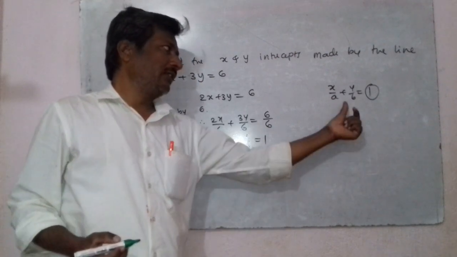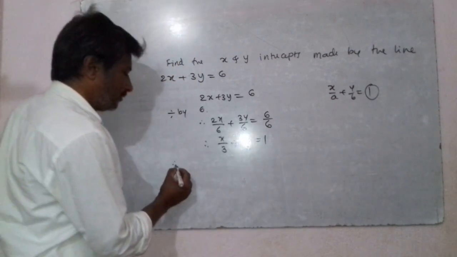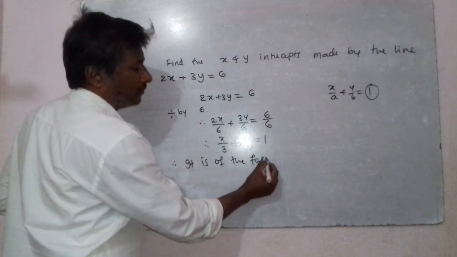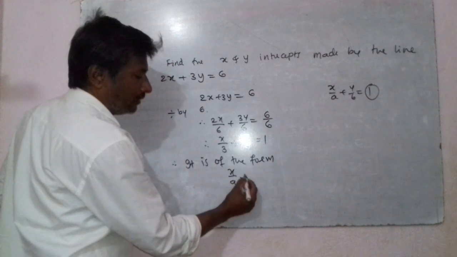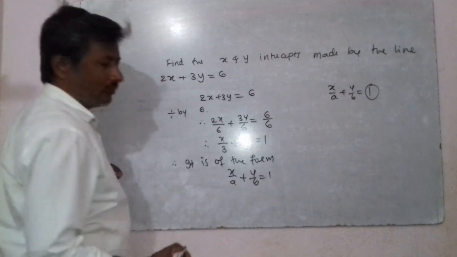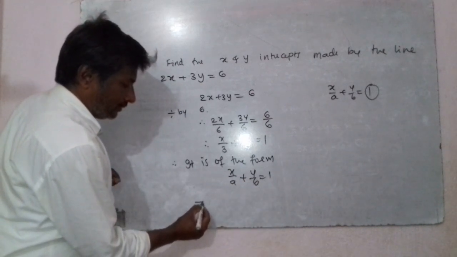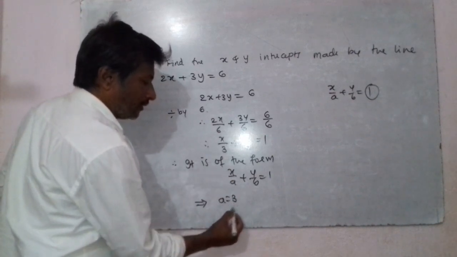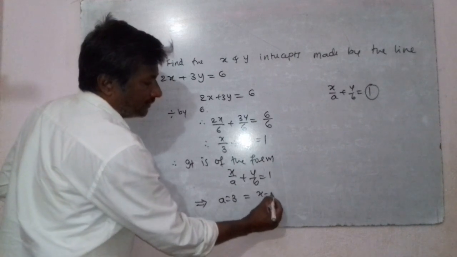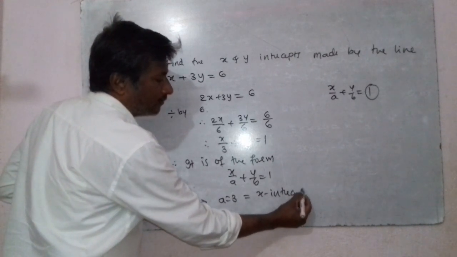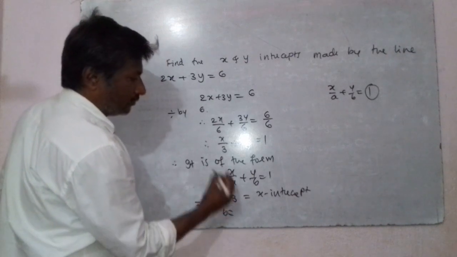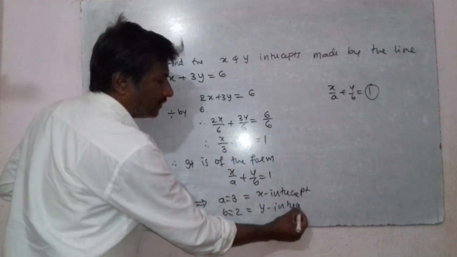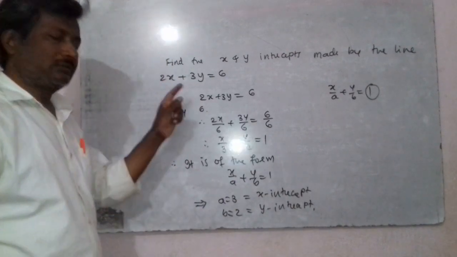Now it is of the intercept form x upon a plus y upon b equals 1. This implies a equals 3, which is the x intercept, and b equals 2, which is the y intercept.